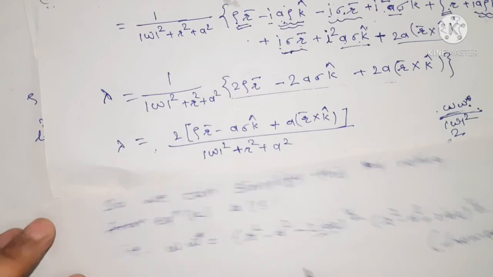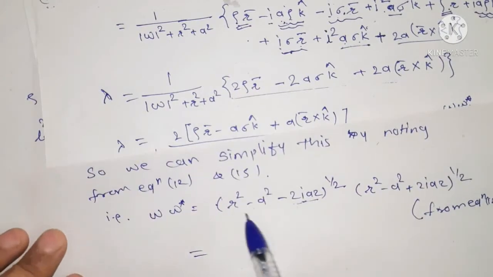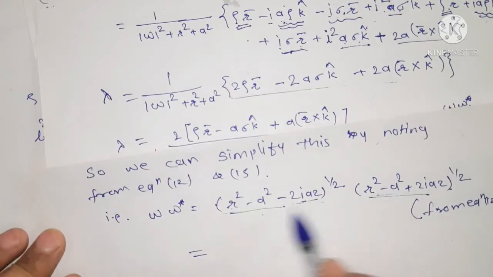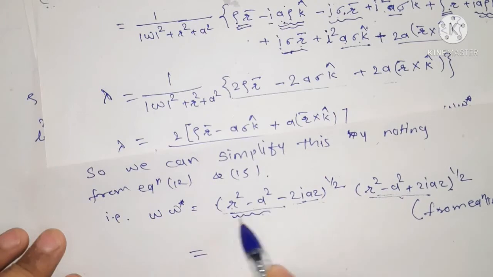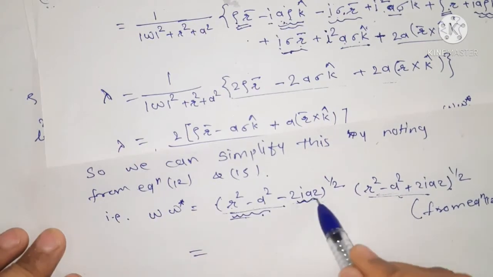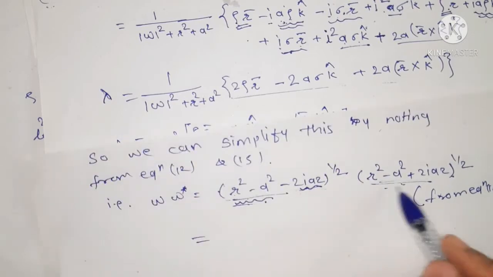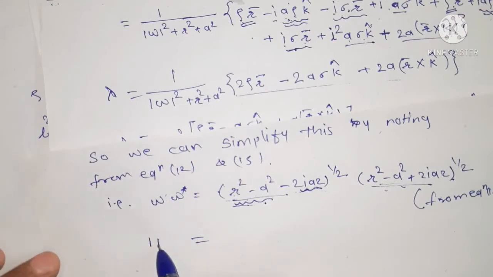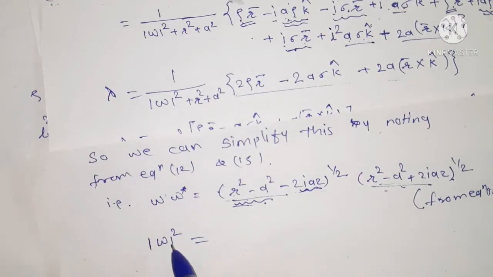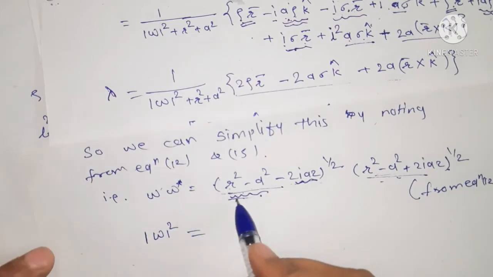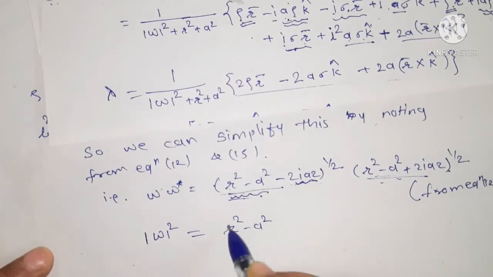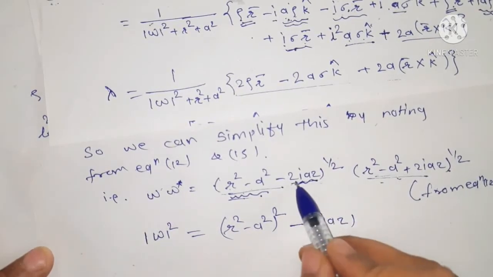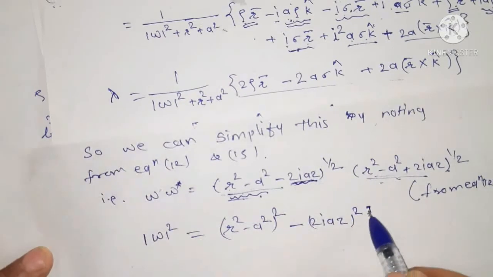Okay, now we can write this as equal to, taking both the terms inside the under root, and as these are complex conjugates of each other, we can apply the formula here by taking this term as the first term and this term as the second term. So this is the a minus b into a plus b formula we use here. So this gives the value of modulus of omega square, which is equal to r square minus a square whole bracket square minus the square of twice I a z, inside the under root.